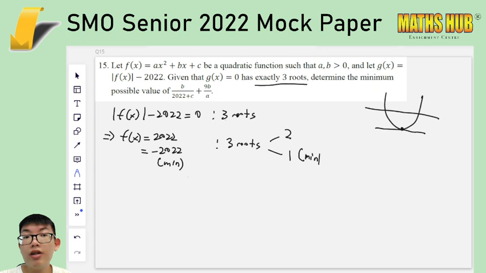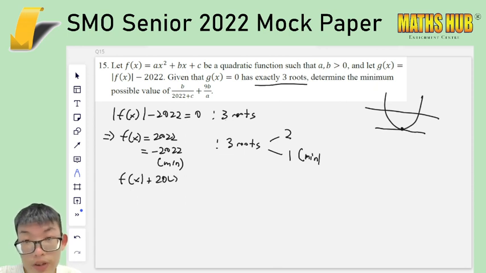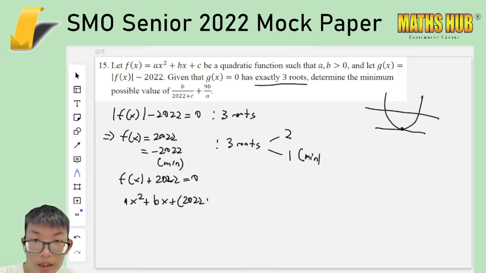But although that is the only implication, I can use the fact that there is one real root to say that f(x) plus 2022 equals 0 has only one root, and let's write that using the coefficients a and b now. Constant coefficient will be 2022 plus c.